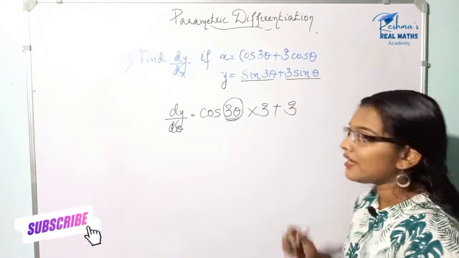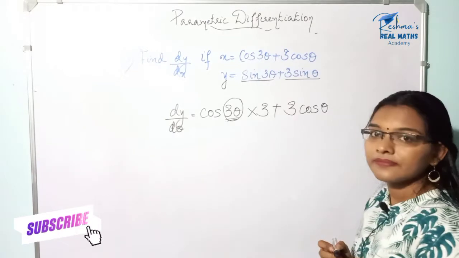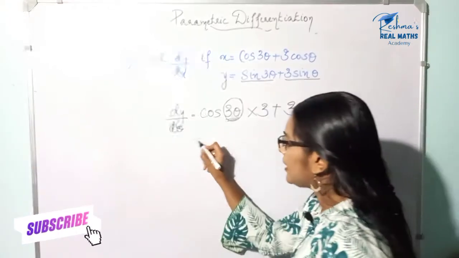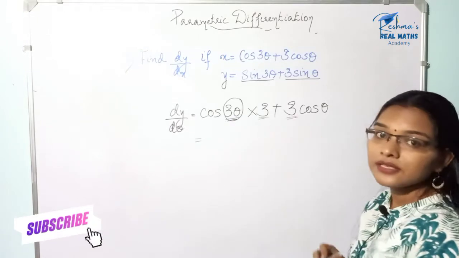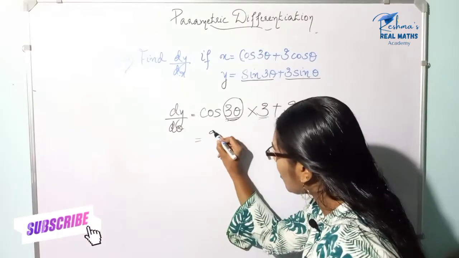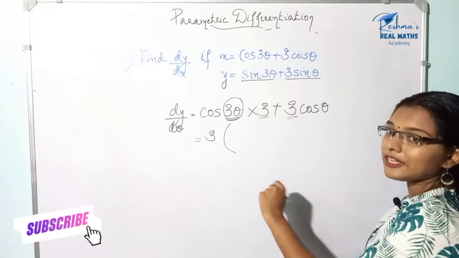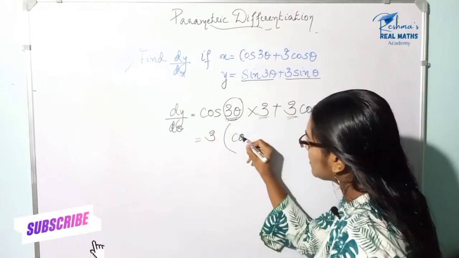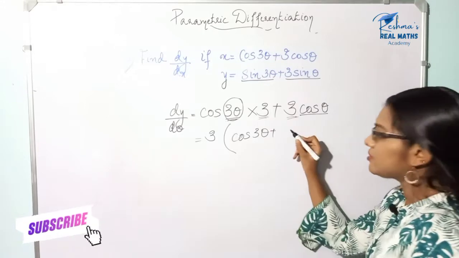What is the differential of sin theta? It is cos theta. Clear? Now just look here. 3 is common for first term as well as second term. So we can take the common 3 outside. Now what we have inside the bracket? Cos 3 theta plus here what is remaining? Cos theta.